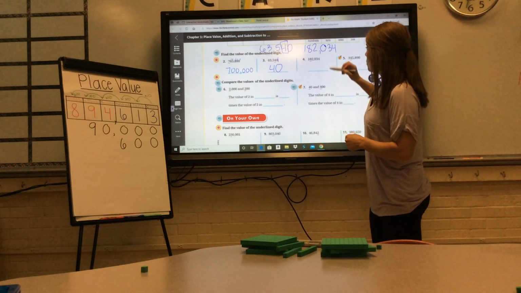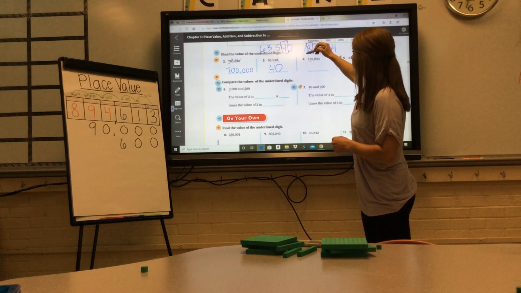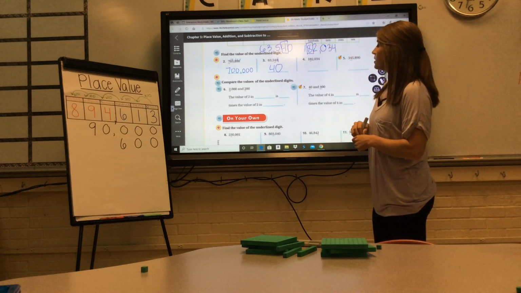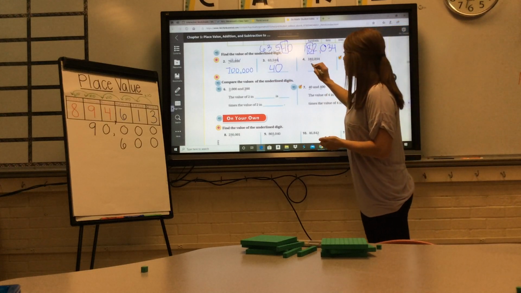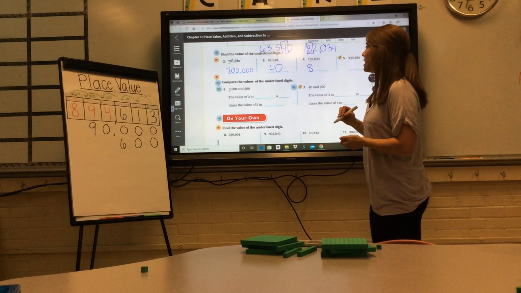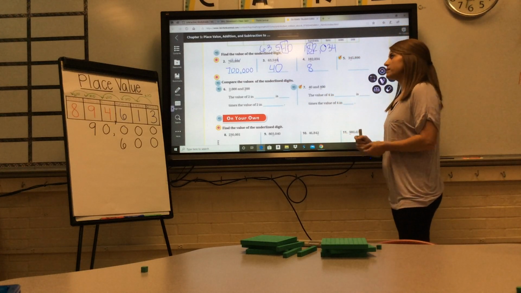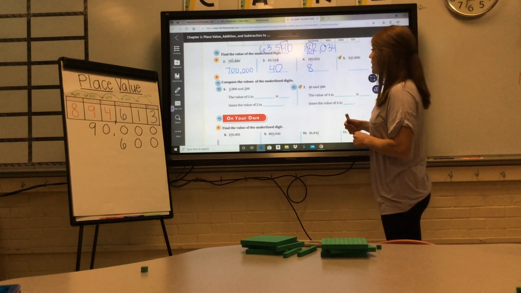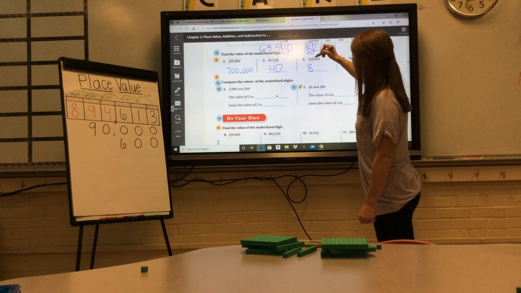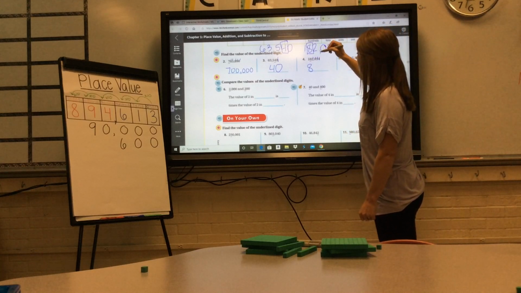182,034. Okay, and they want us to find the value of this 8. Same process. I'm going to take that 8, write it down, and then I'm going to say, okay, Miss Stevenson, how many digits do I have behind that 8? Got 1, 2, 3, 4.